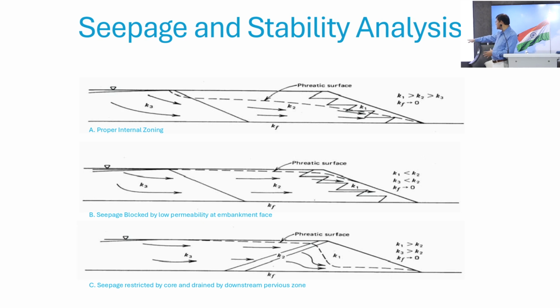So in that case, in the downstream you will see this kind of seepage. But again, if you have a core which is lower than K1, then it can also block the seepage and make the pore pressure high. So these are all concepts I am showing, where the main goal is to make sure that the pore pressure is always low, meaning a high phreatic surface doesn't develop there.